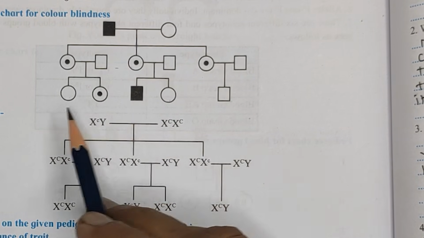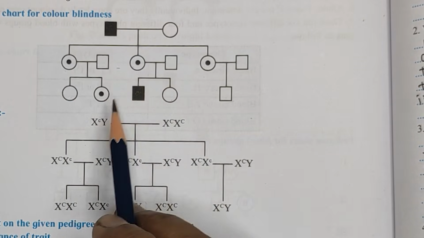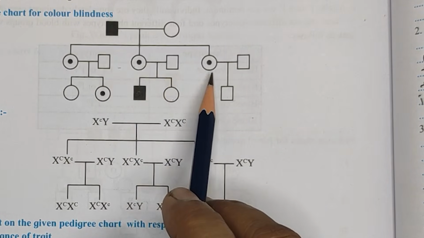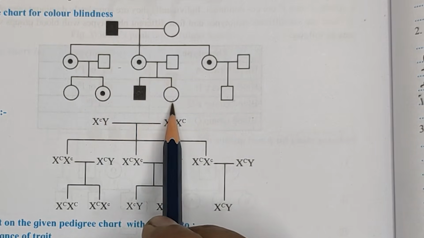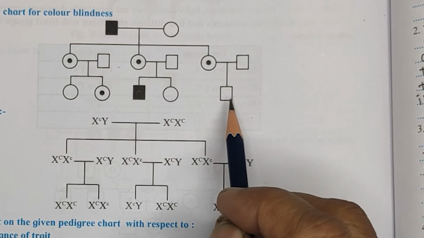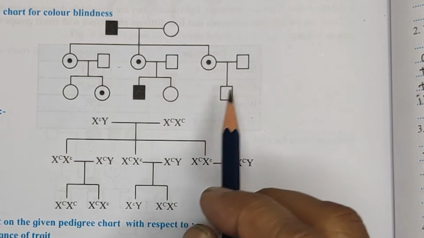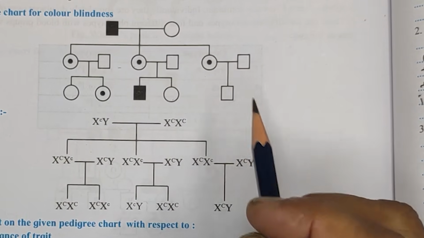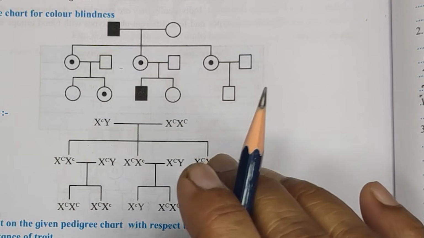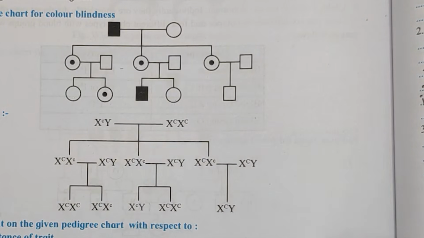And how many carriers are there? 1, 2, 3 and 4 carriers. So out of 8, 1 is affected, 3 are normal and 4 are carriers. So total 8 progenies are there. Okay, so this way you have to write the answer for getting 1 mark. Next we will see the question answers of this practical.